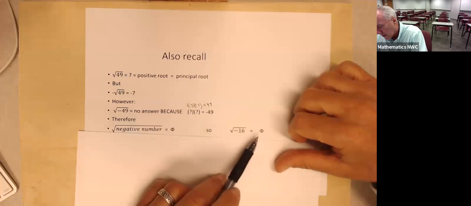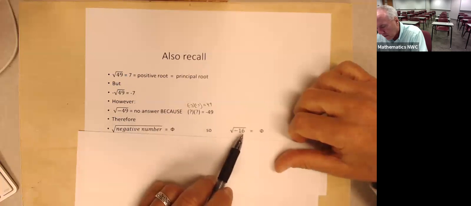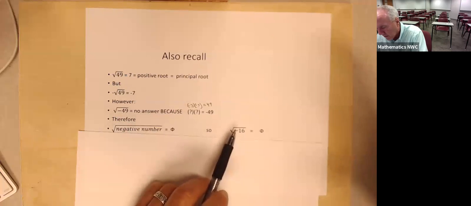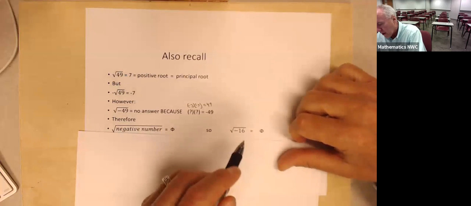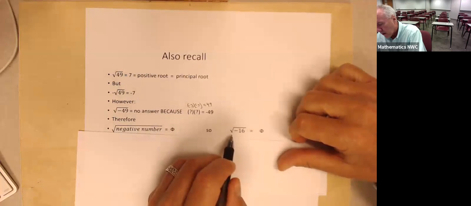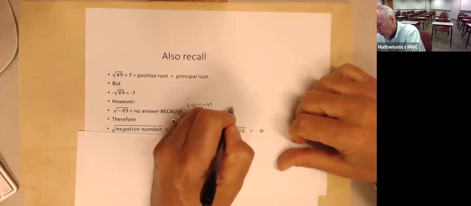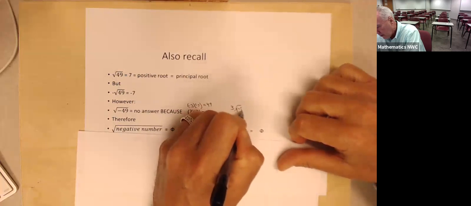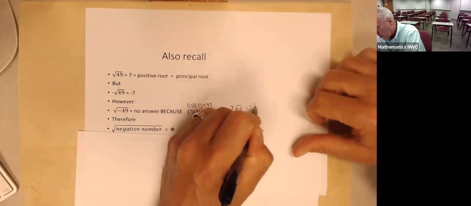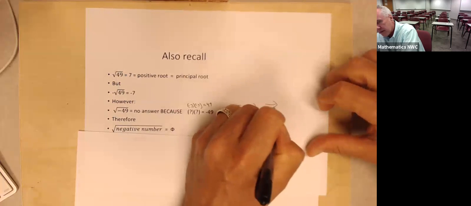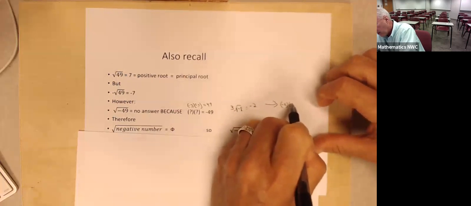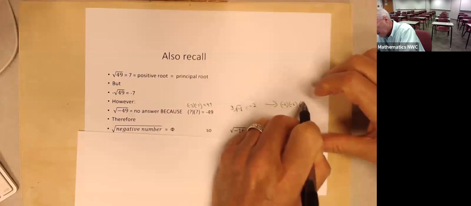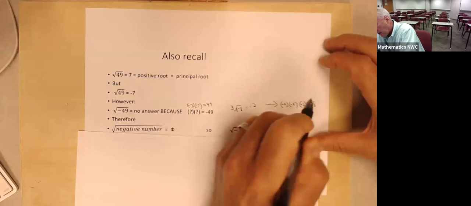Square root of a negative 16, no answer. Square root of a negative 25, no answer. Square root of a negative 50, no answer. If I wanted the cube root, you remember, a cube root could still work. This was a square root. A cube root, for example, of a negative 8 was a negative 2 because negative 2 times itself 3 times does give you that negative answer.